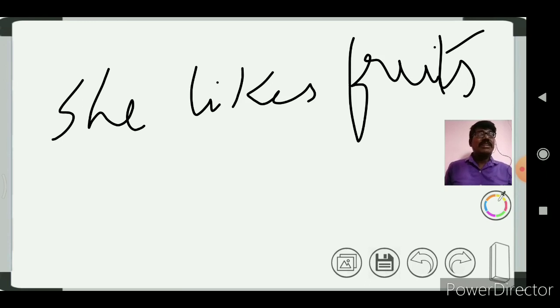What does she do here? She likes. Exactly. But coming to this sentence, likes is the verb, but it is not an action word. It's just a feeling. Yes, I love India. I love India. It's not action. Love is not action here. It's a feeling. It's an emotion. Yes, these feelings or emotions are called stative verbs. Stative verbs.